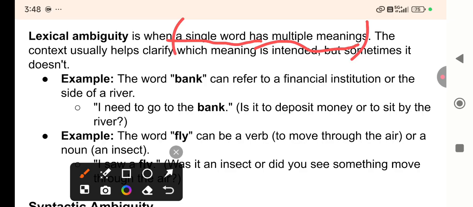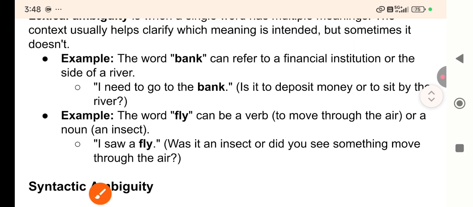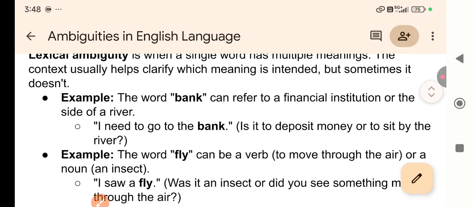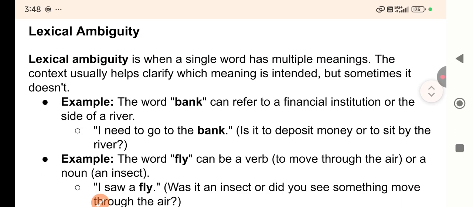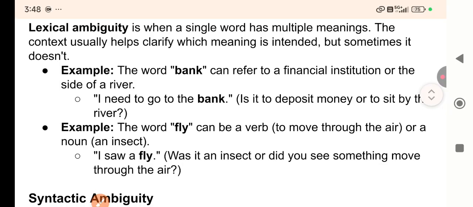One word has multiple meanings. The context usually helps clarify which meaning is intended, but sometimes it does not. Sometimes context makes it clear what you mean by a particular word, but sometimes it is not clear.